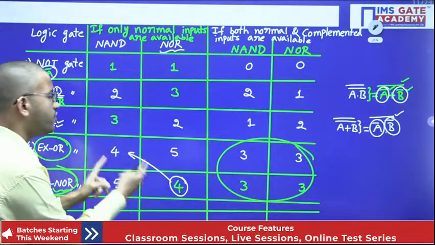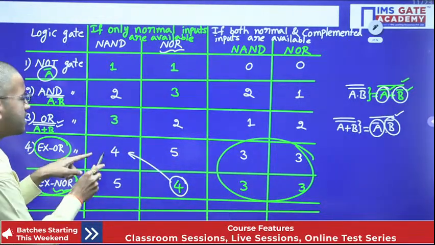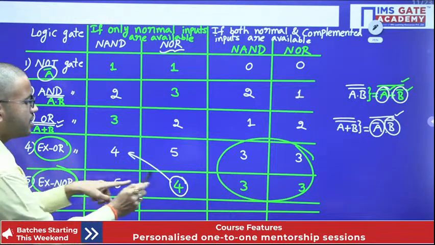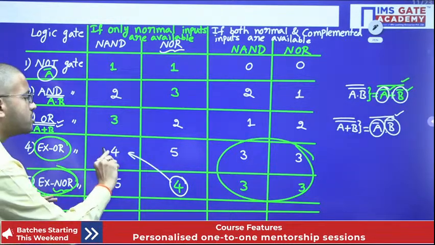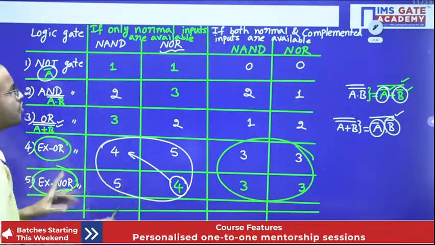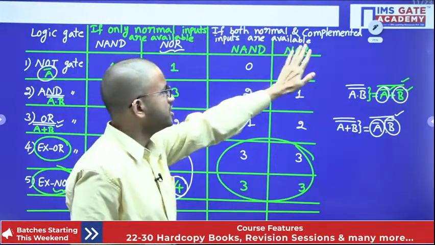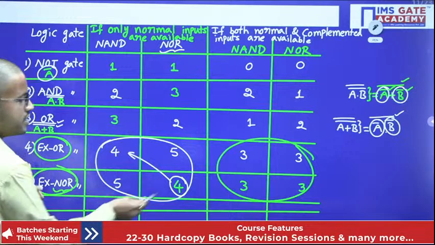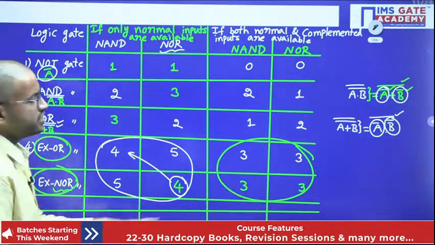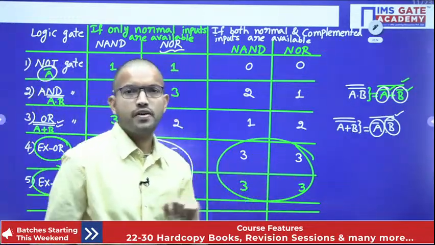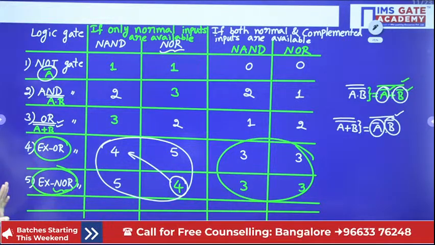If you are getting different answers, like in one case 4 and in the other case 5, that possibility is there only when normal inputs are available. But if both normal and complement inputs are available, regarding XOR gate and XNOR gate, the answer is the same: 3. I hope up to here it is clear for everyone.